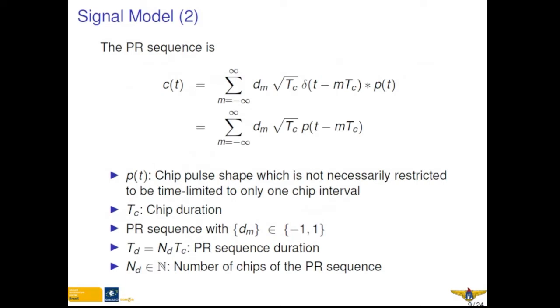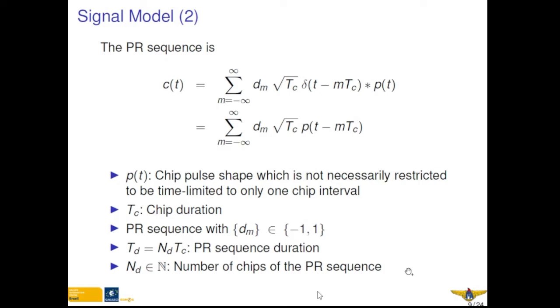The PR sequence we can further describe by this model. So we have a sum of data bits of the sequence. They are called chips, and they are binary. These code bits d of m. Then we have here the chip duration, the square root of Tc. We have here a Dirac delta function delayed by m Tc, and this is convolved with a chip pulse shape.